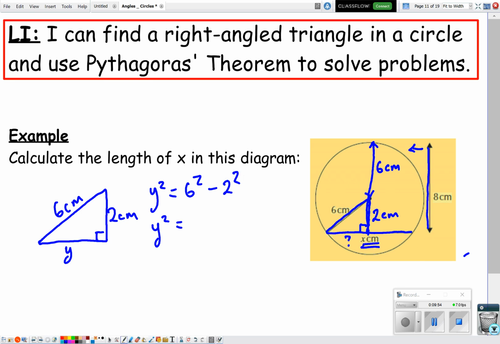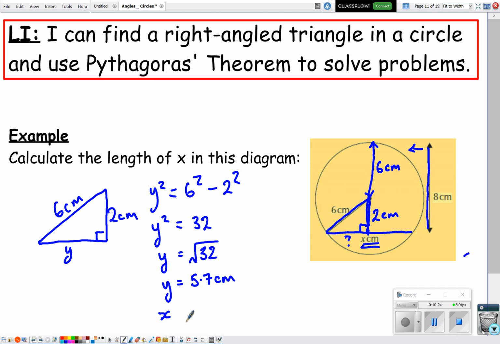So y squared, well 6 squared is 36, take away 4 is 32, and so y will be the square root of 32, which is 5.7 centimeters.